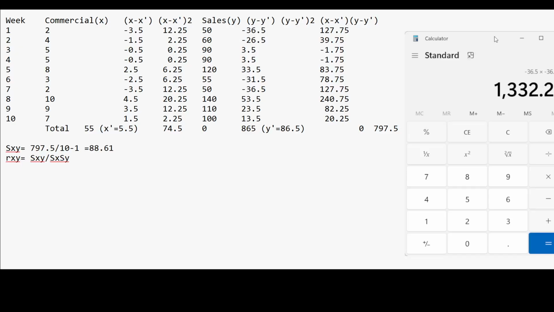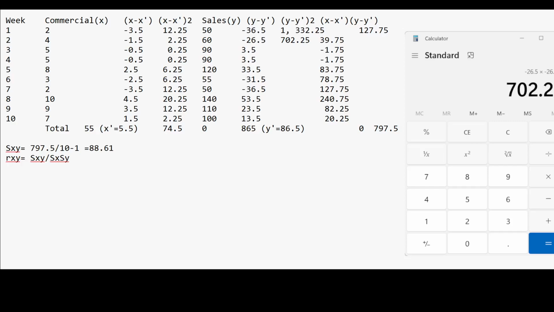This is correct, guys. These are bigger numbers, no? Then negative 26.5 times negative 26.5 equals 702.25.